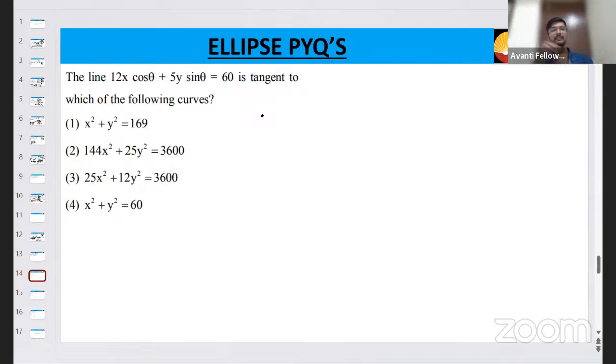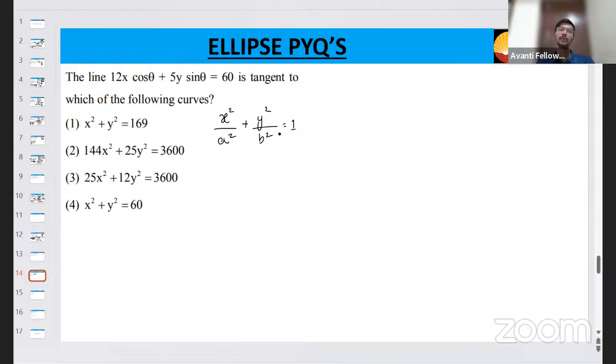The line is tangent to which of the following curves? Okay, now see, we know that when we write the equation of ellipse and try to write the equation of tangent, let's say the equation of ellipse is x square upon a square plus y square upon b square is equal to 1.